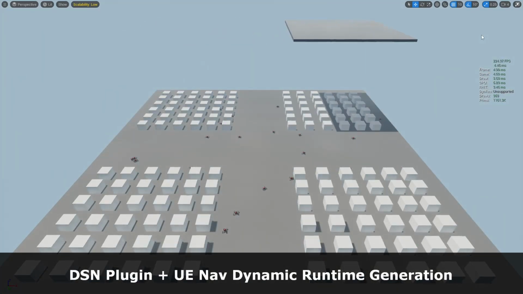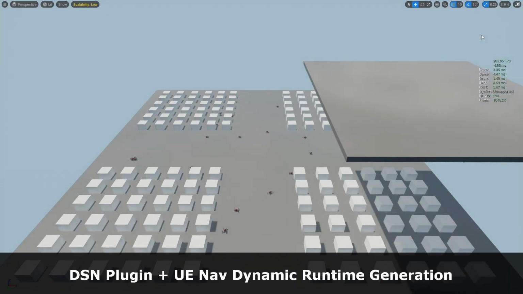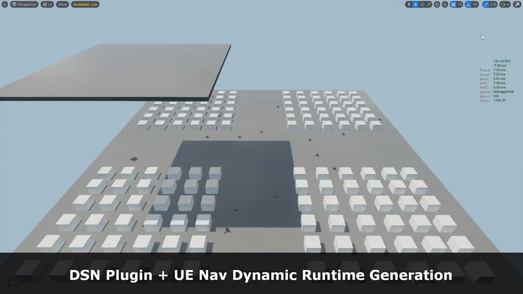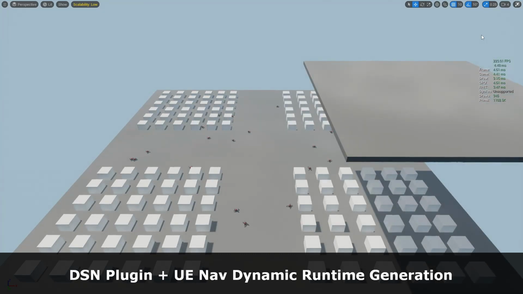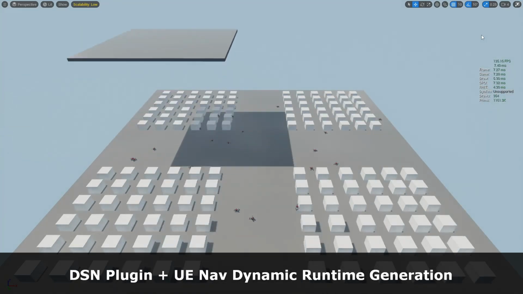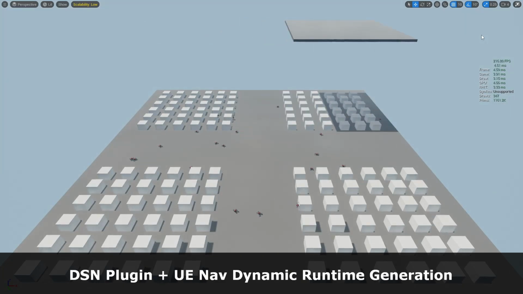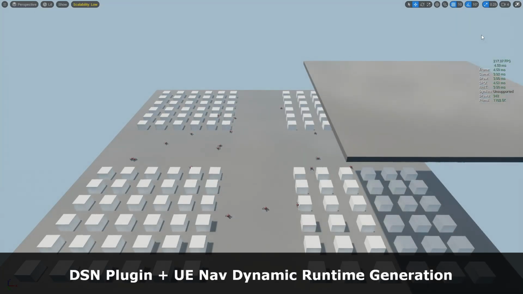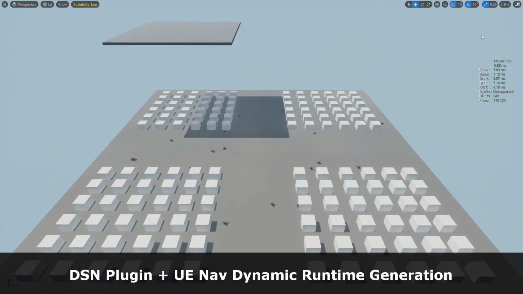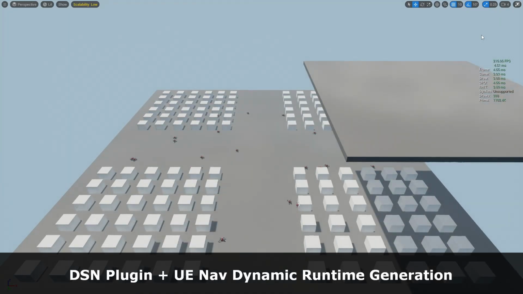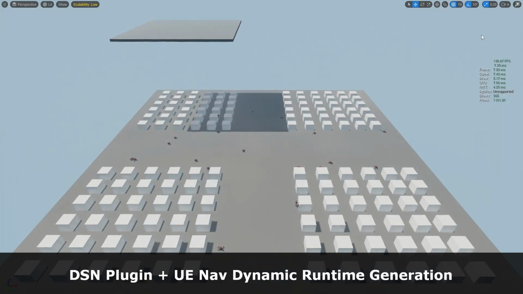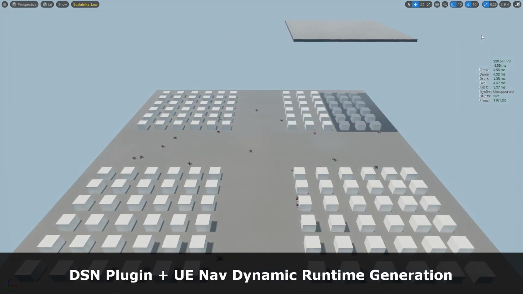Okay, here we are at the fourth test run. This one, again, is the dynamic surface navigation, which the spiders are using, along with the native UE navigation set to dynamic. So as this platform moves, both navigation systems are updating, which is why this one is going to be the most expensive.